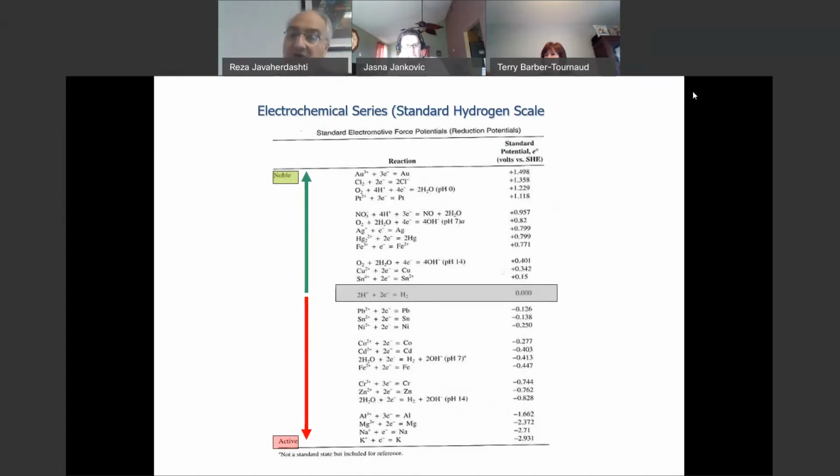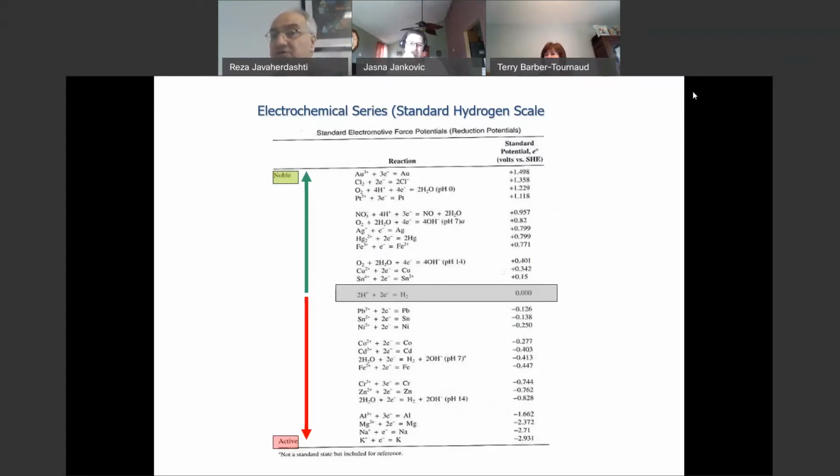Therefore, any reduction potential above this 0, which becomes a positive number, marks a noble metal, a metal that would not corrode. At the very top of this table, you see Au, gold, which has the highest positive potential.